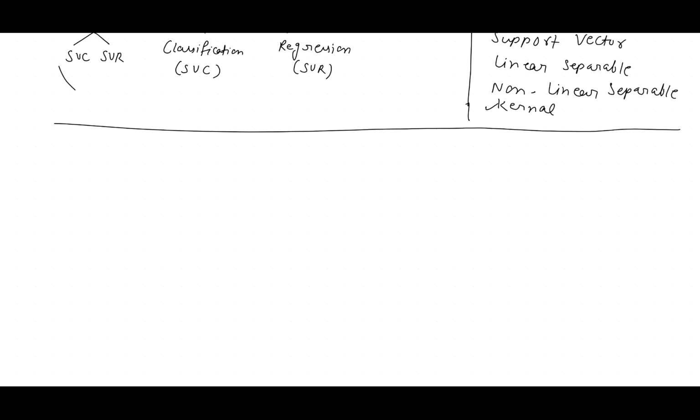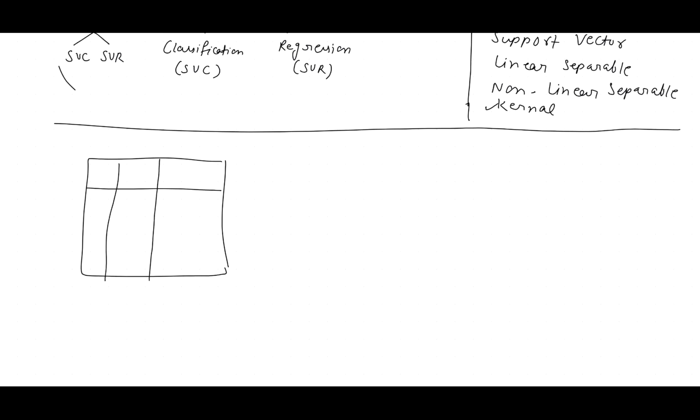So let's say you have a data set, and you want to predict two classes. We can name them simple classes: there is a positive class and there is a negative class.